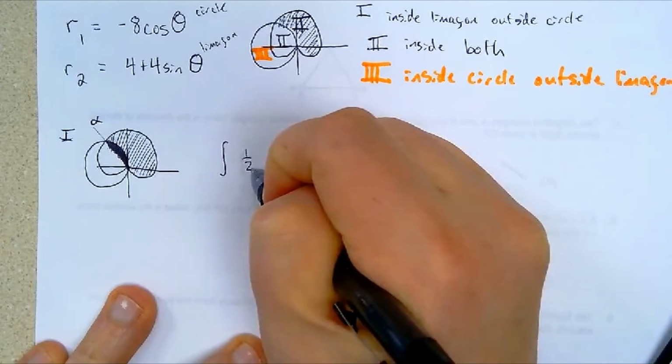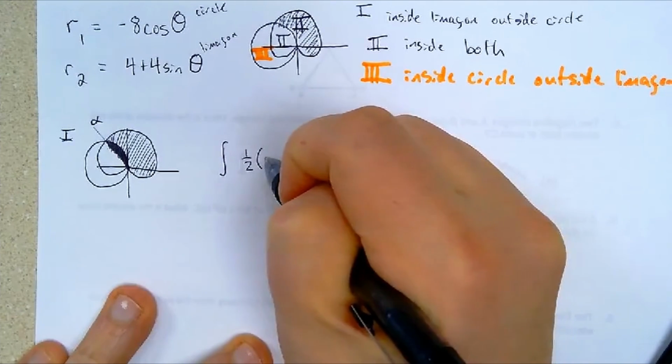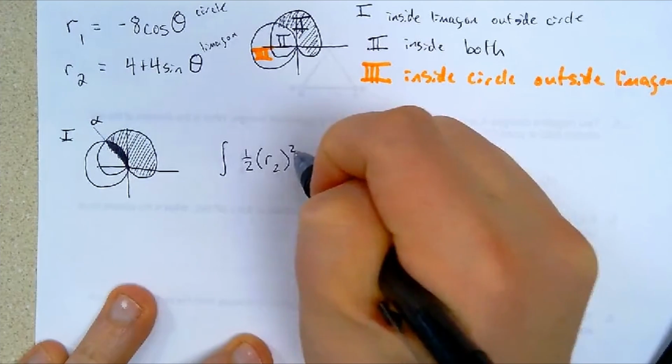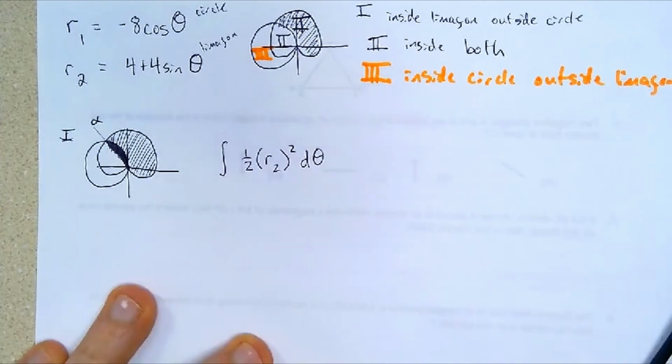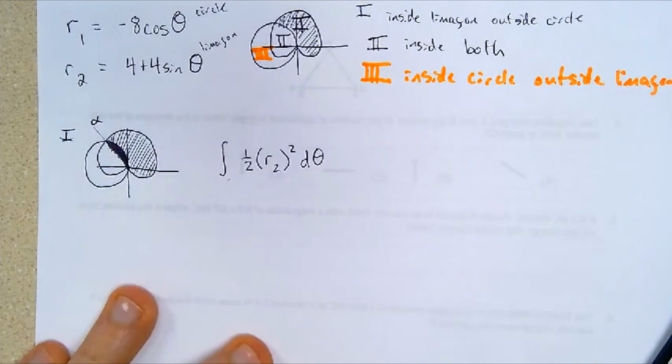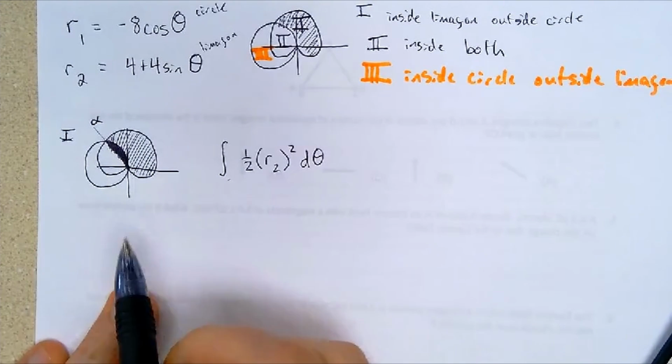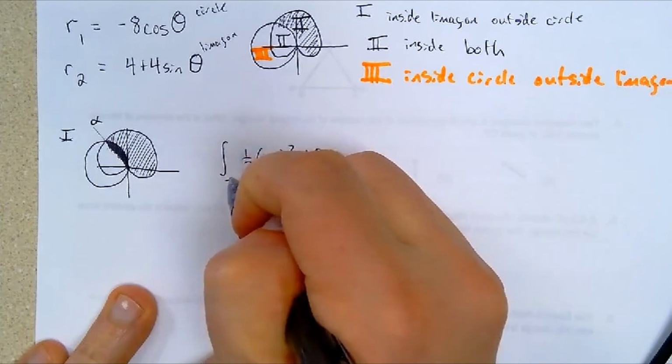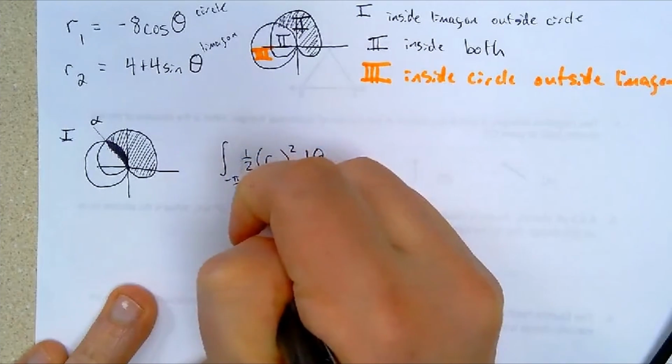So let's start with grabbing most of the limaçon. Most of the limaçon would be this. And we have to know what the boundaries are. And the boundaries for that chunk of the limaçon would be from -pi/2 up to alpha.